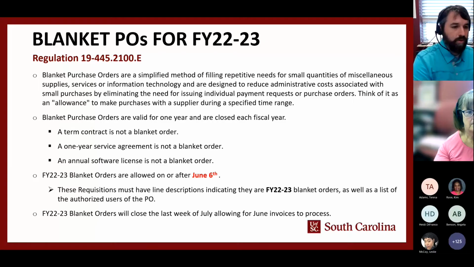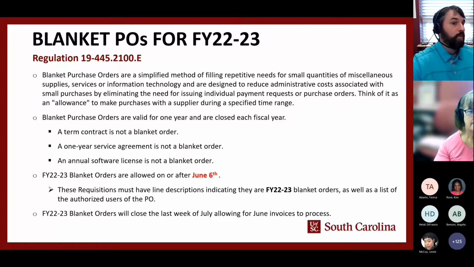A 1-year service agreement for maintenance of something, if it just covers the entire year and you only make 1 payment at the beginning of that agreement and you don't have any more activity. So you basically issue the PO in July and you pay it to completion in July or August, and there's not going to be any more activity. That's not technically a blanket order because you're just making the one-time payment for a service agreement.